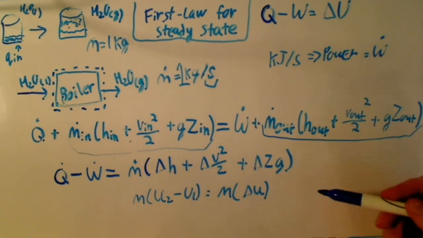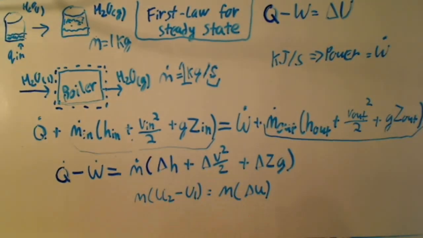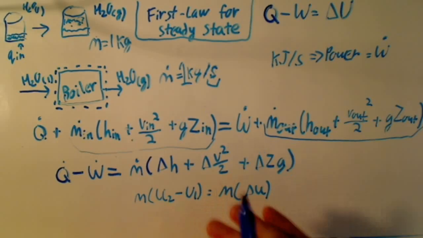So these equations really aren't too different from one another. It's just there's a couple more terms we're going to have to incorporate, which really isn't that big of a deal.